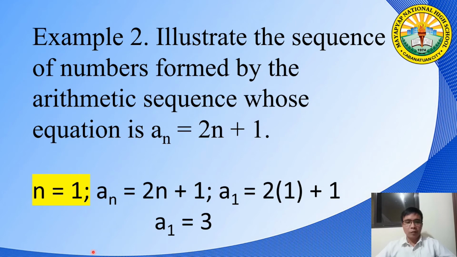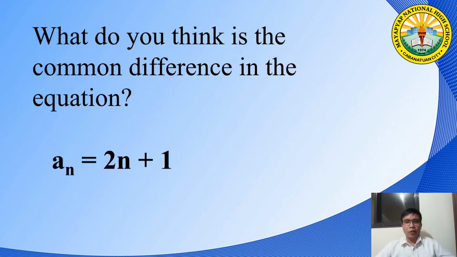So, a sub n equals 2n plus 1 will become a sub 1 equals 2 times 1 plus 1. 2 times 1 is 2 plus 1 is 3. The first term is 3. Yay! Now, what do you think is the common difference in the equation?